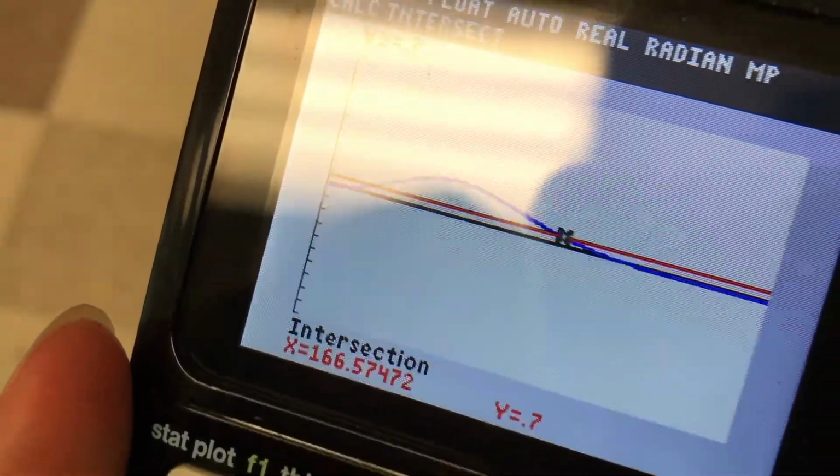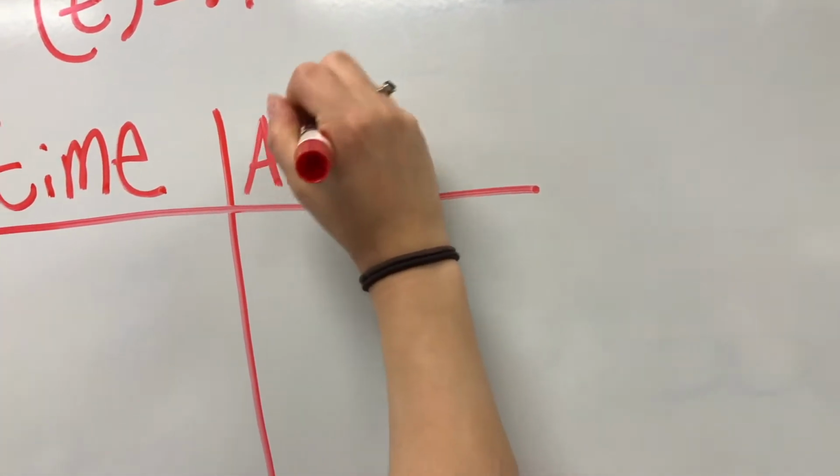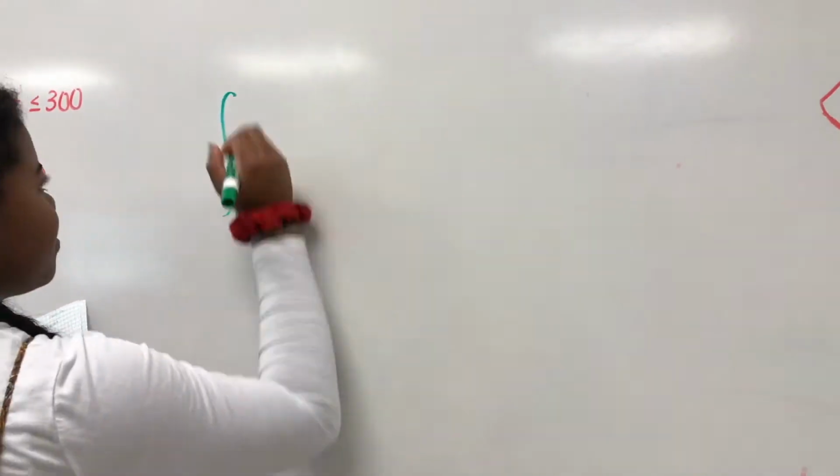For 33.013 and 166.574 seconds, calculate the amount. Do this in your calculator with the equation we already found for the amount.